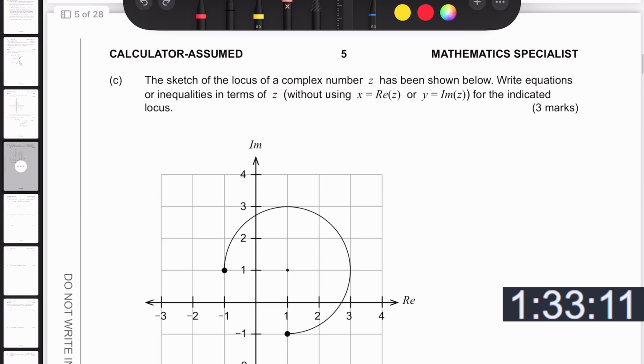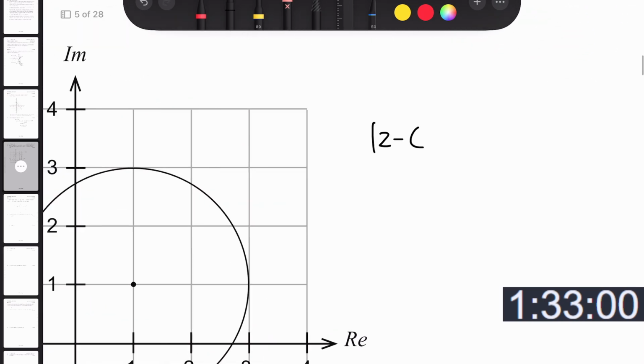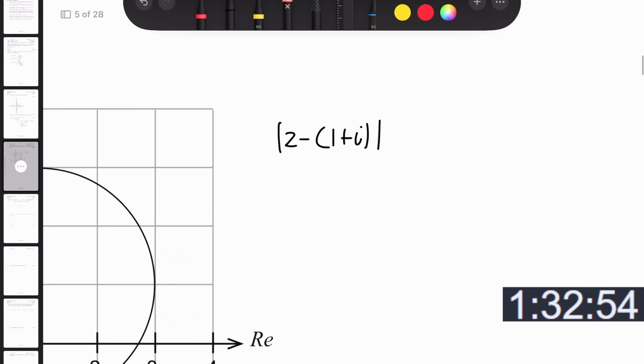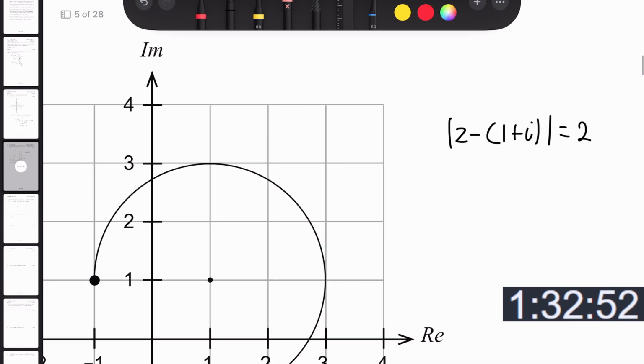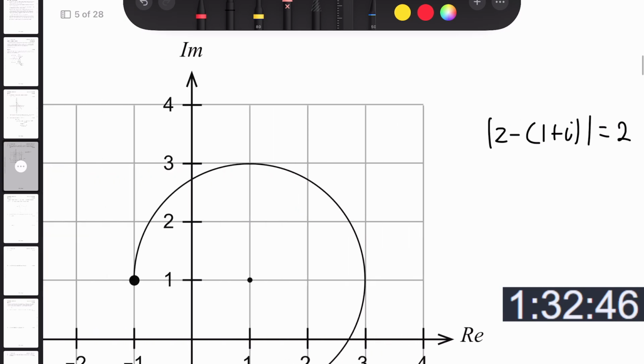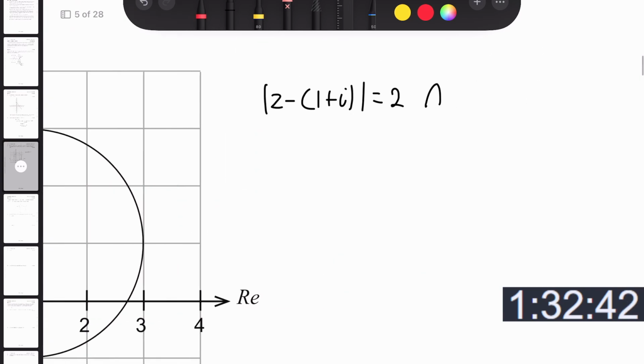The sketch of the locus has been shown. Write the equation of the inequality in terms of z without using. So we have part of a circle, so we'll say that z minus, what's that point? It's 1 plus i, must be equal to 2 plus i, and we have that the argument from there is -1/2.